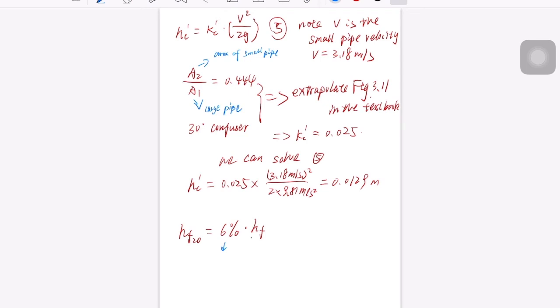And this value we have calculated in the first strategy. This is 32 meter. So we can get the friction loss at the small pipe equals 1.92 meter.